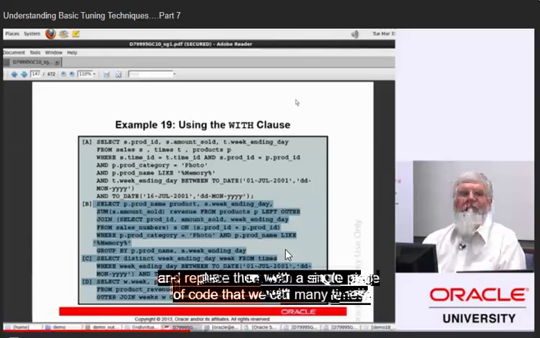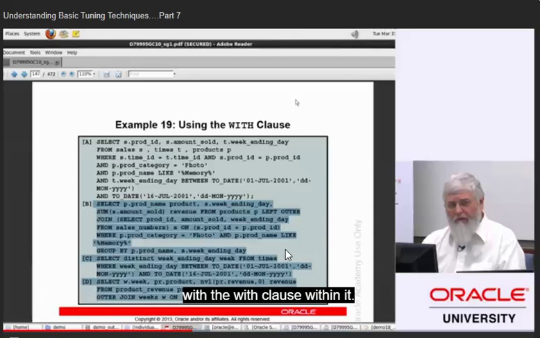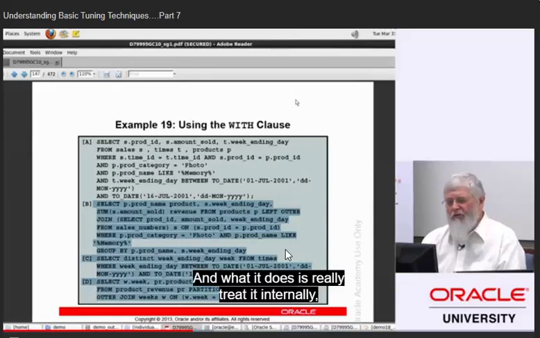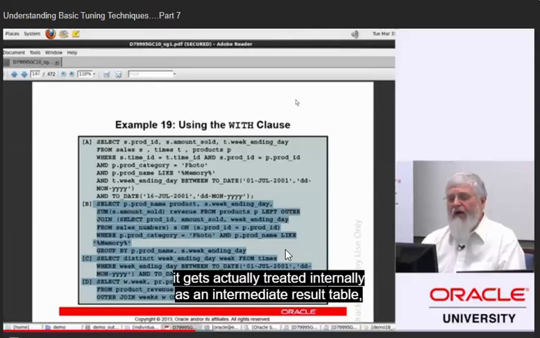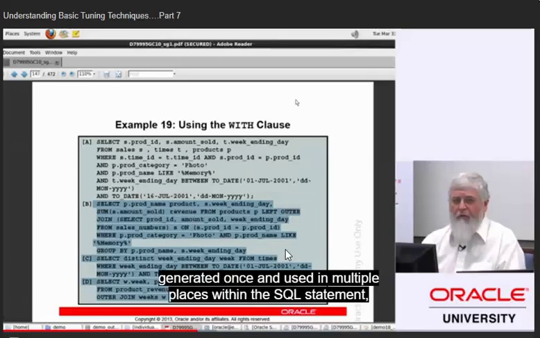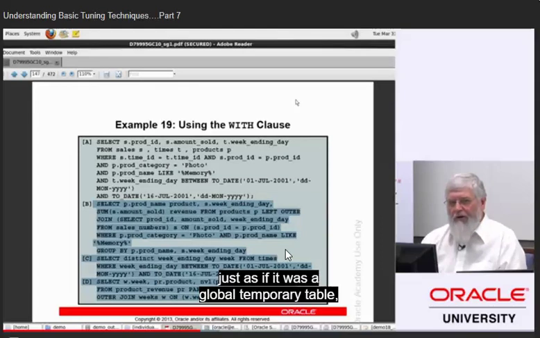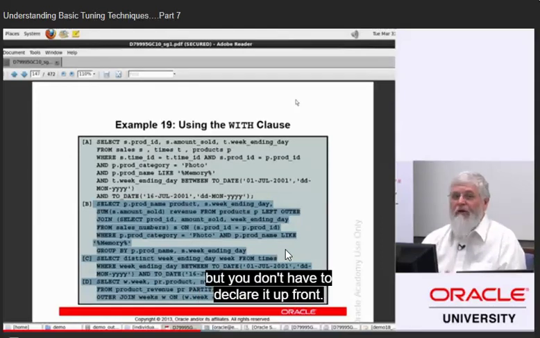What it does is really treat the thing we specify in the with clause that's being used repeatedly internally as an intermediate result table generated once and used in multiple places within the SQL statement, just as if it was a global temporary table, but you don't have to declare it up front. It does it internally within the SQL statement. That allows us to get more efficiency in the statement. It's just another way of rewriting the statement to get efficiency.